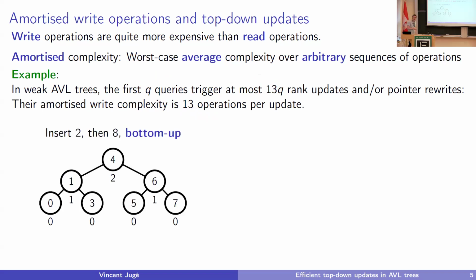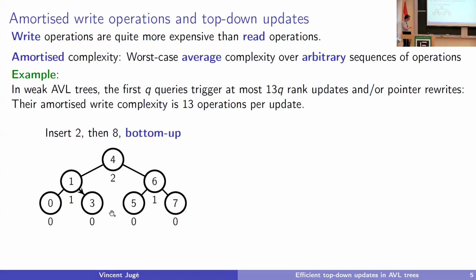And finally, what is it about being bottom-up or top-down? Here, imagine I have this tree, and I want to insert 2 and then later 8 with a bottom-up algorithm. So I compare 2 to 4. I see that it's on the left because it's smaller. Then I must go down and see that it should be on the right of 1.